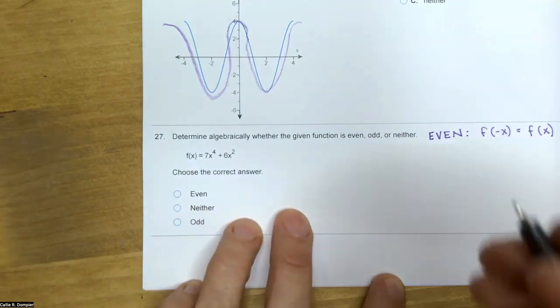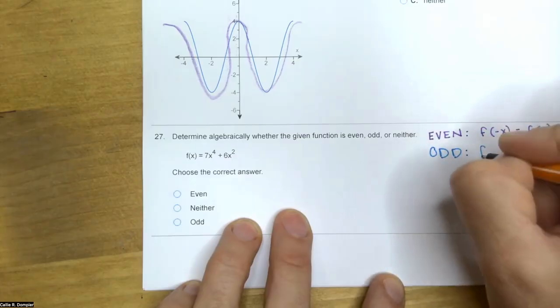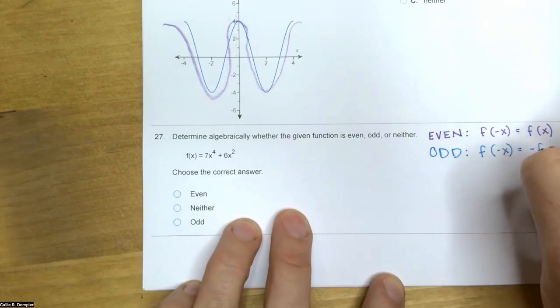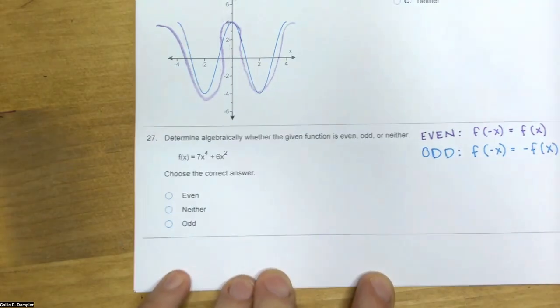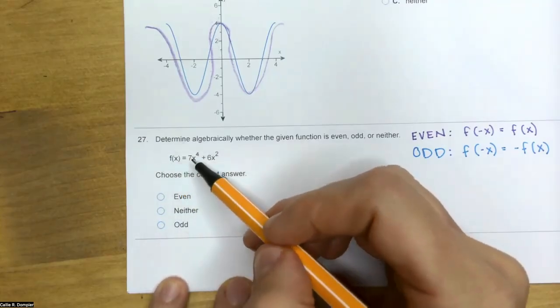If it's odd, and I make that x a negative, it will make the whole function a negative.